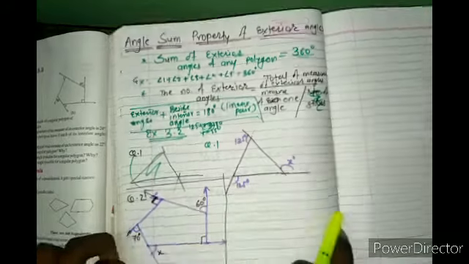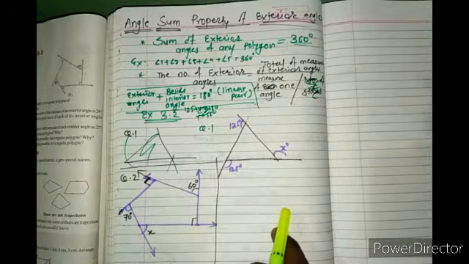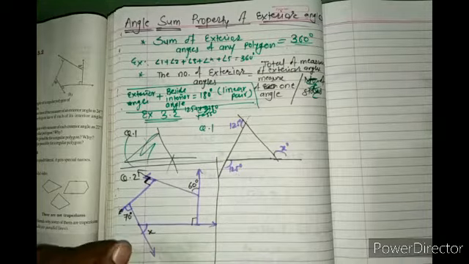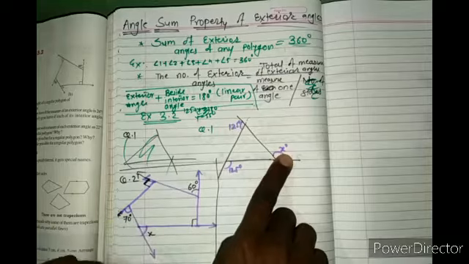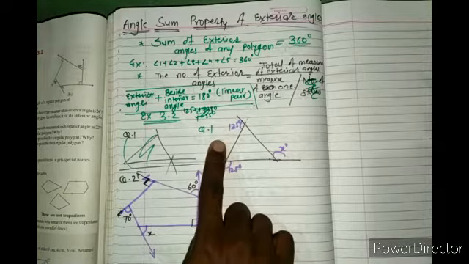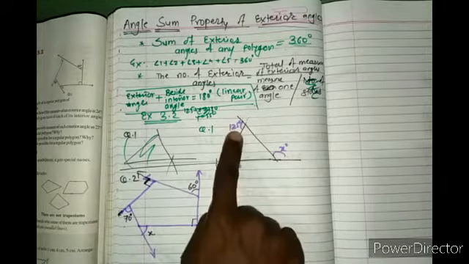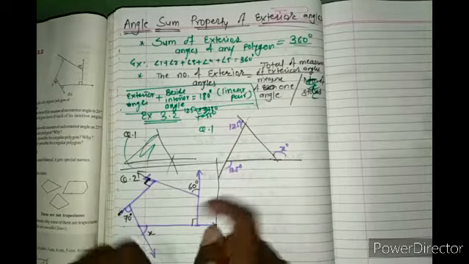Now let's try to understand question number 1. In the first question they are asking you to find the value of x, right? So what is the property of exterior angles? All the angles seen in blue color are exterior.